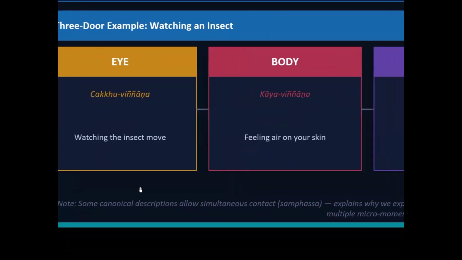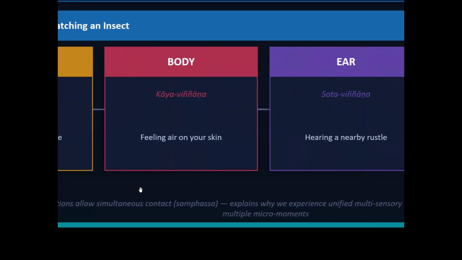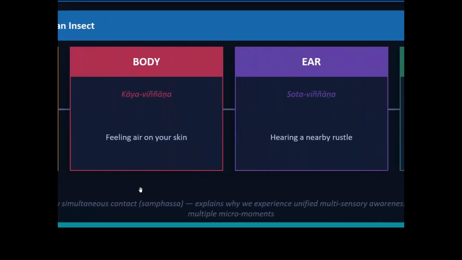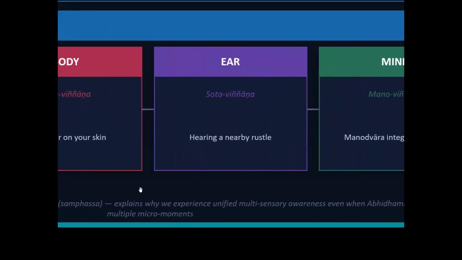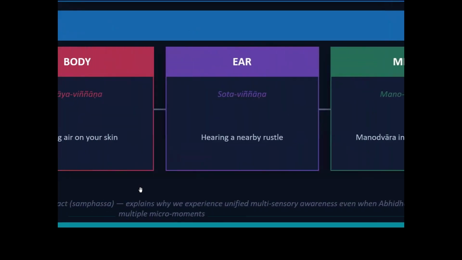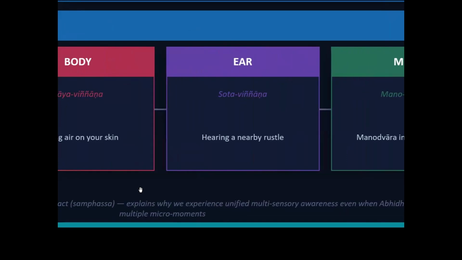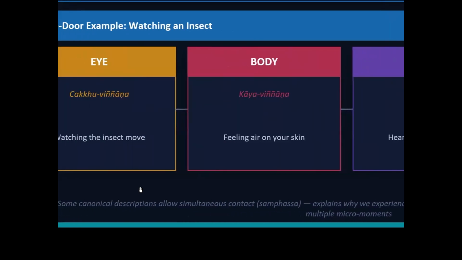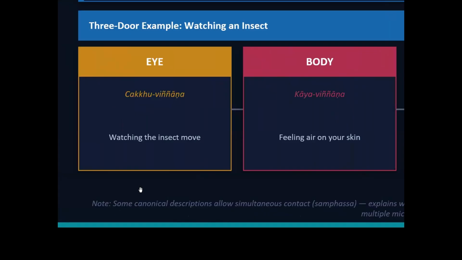Take note, some commentary descriptions allow for simultaneous contact, samāpassa, to explain why we experience unified multi-sense awareness even when Abhidhamma breaks it into multiple micro moments. But normally we talk about one at a time. So these are cases where three to four doors open at the same time.